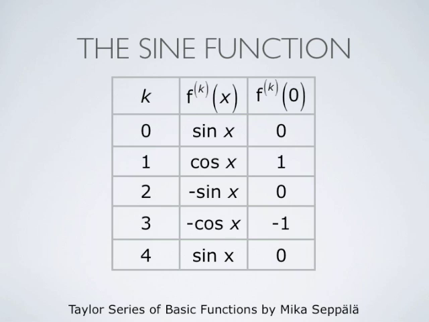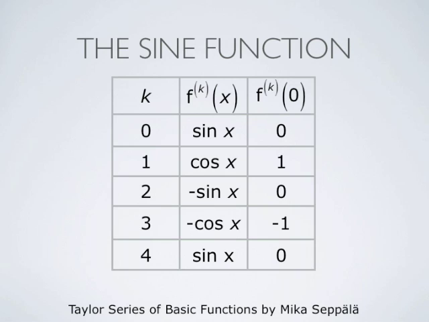The derivative of cosine is negative of sine. Its value at the origin is 0. The derivative of negative of sine is negative of cosine. Its value at the origin is negative 1. And finally, the derivative of negative of cosine is sine, whose value at the origin is 0.